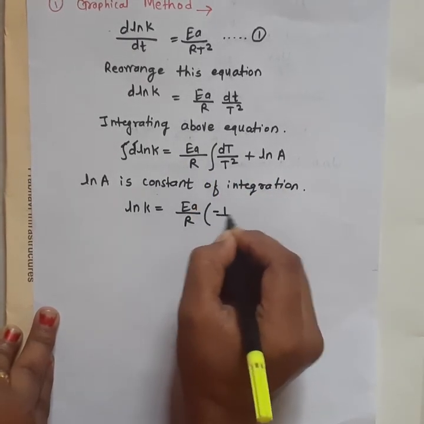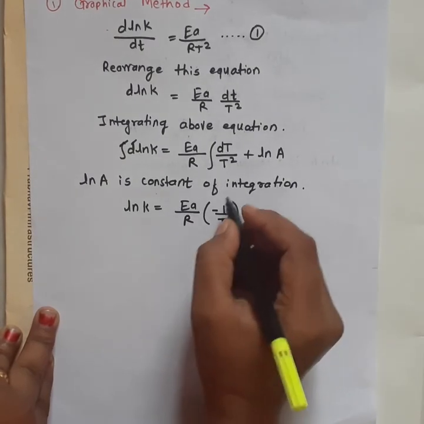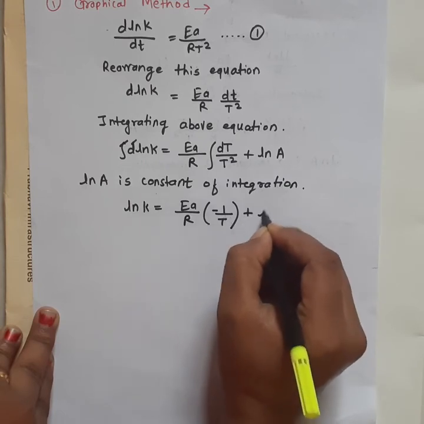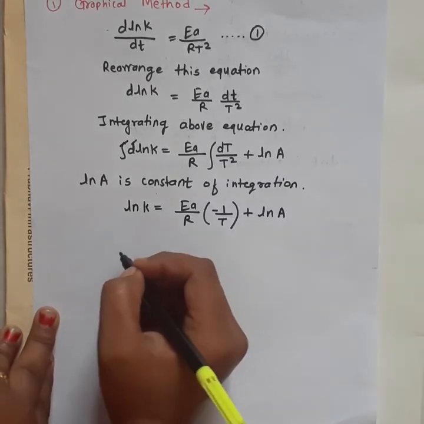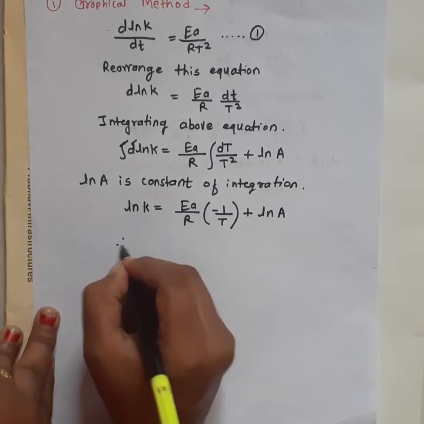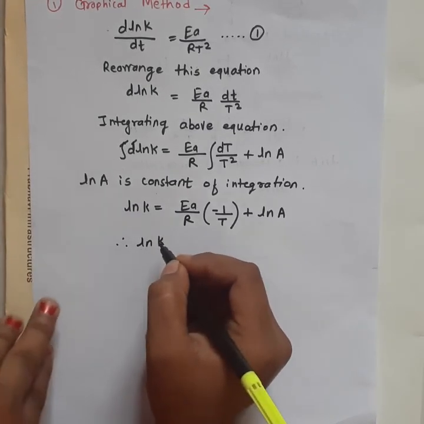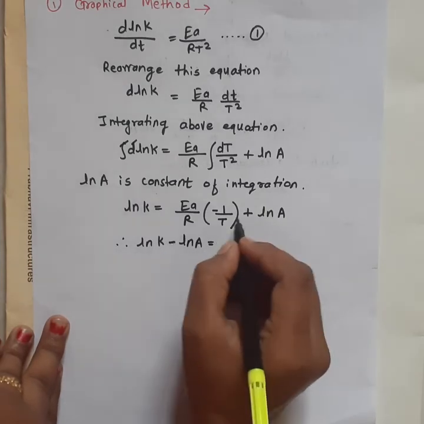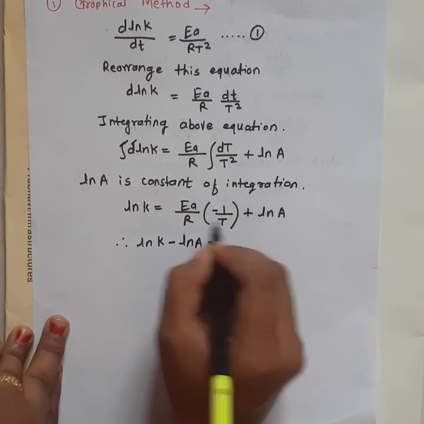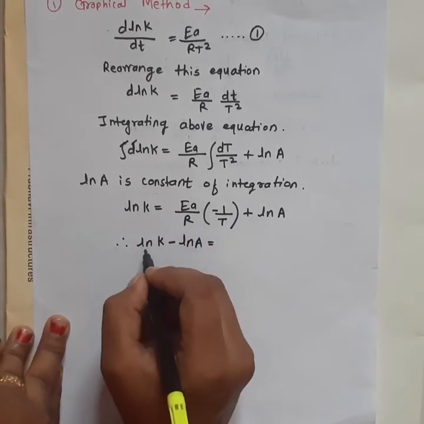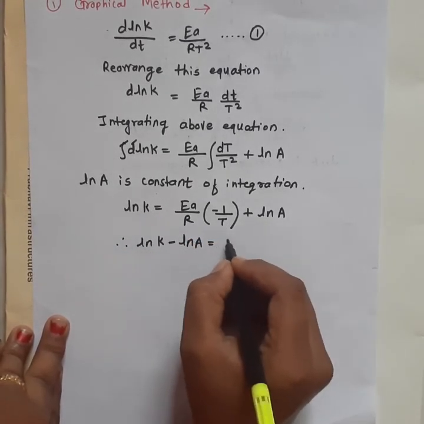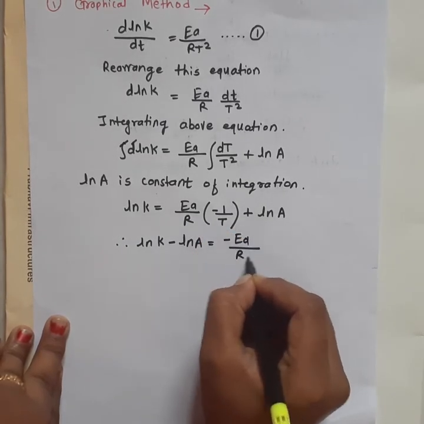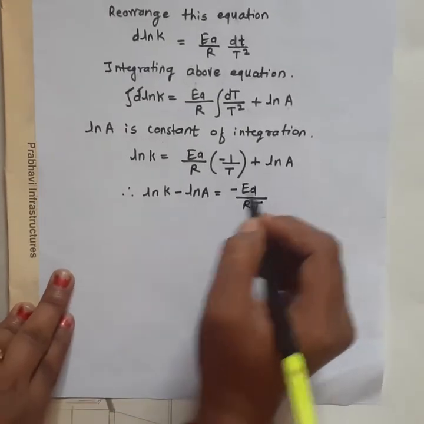It is minus 1 upon T. Therefore the integration of dT upon T square is minus 1 upon T plus ln A. Therefore ln k minus ln A, since ln A is plus on this side, on this side it becomes minus, is equal to minus Ea upon RT.